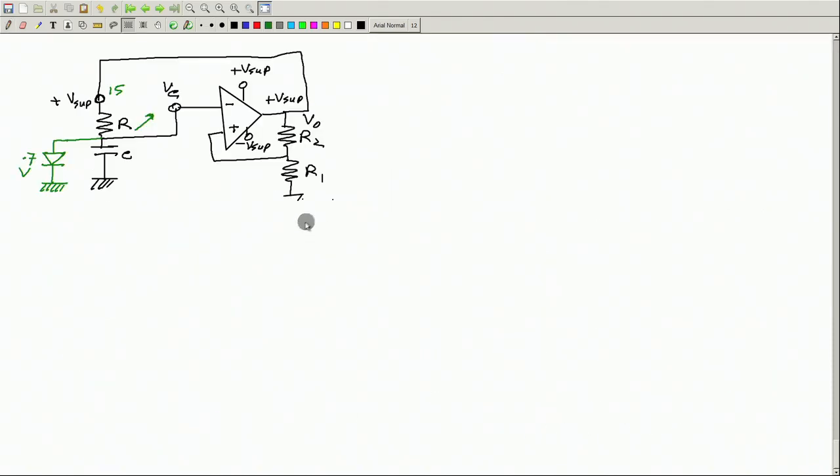Now, let us see what happens if the output is negative initially. Now, say Vo is negative. So, somehow the output is negative initially.